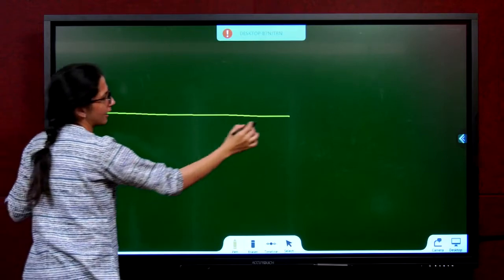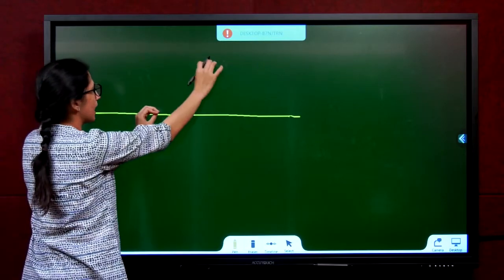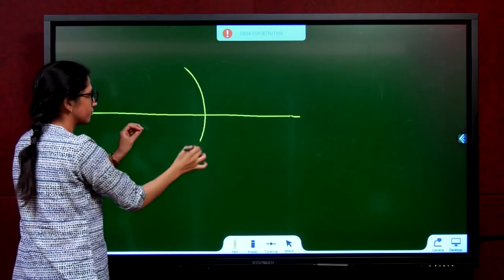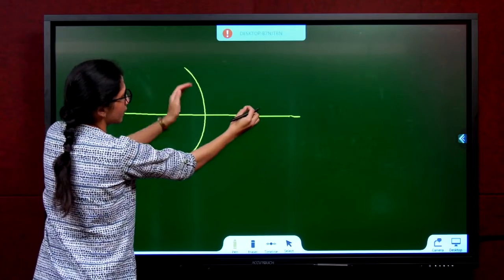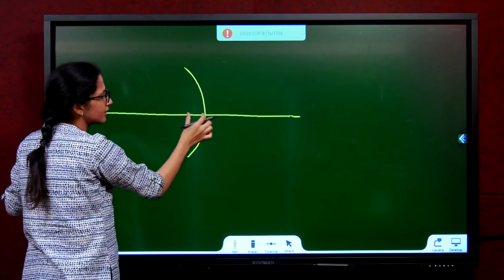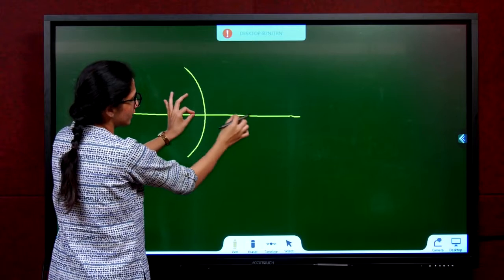Draw a principal axis. Keep your compass on this principal axis and draw an arc, draw a curve. Okay? Now keep the needle this side and draw a curve this side. When you keep the needle here, you should make sure the gap is not too much.